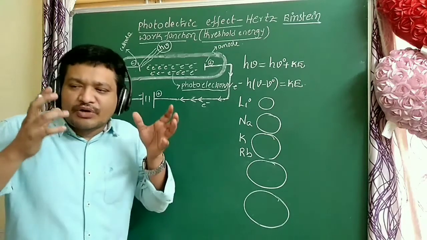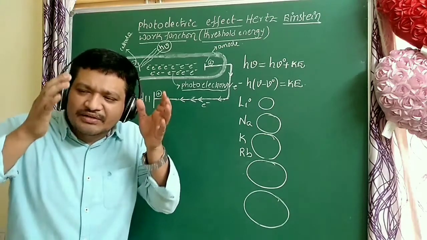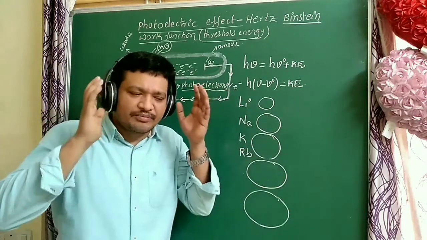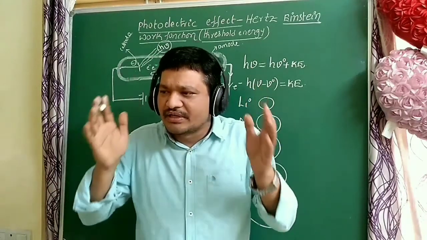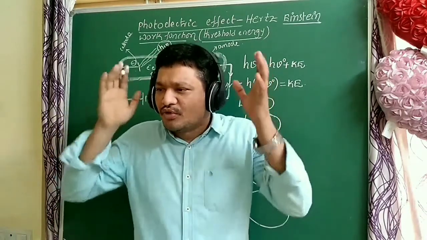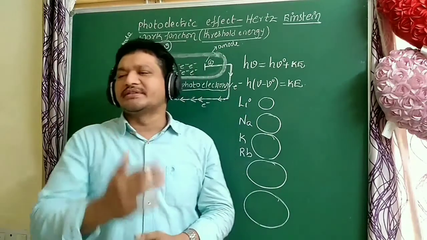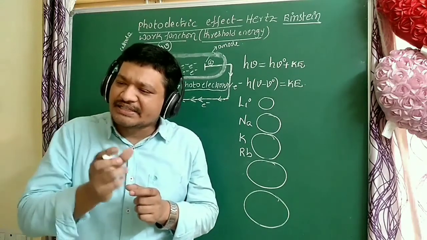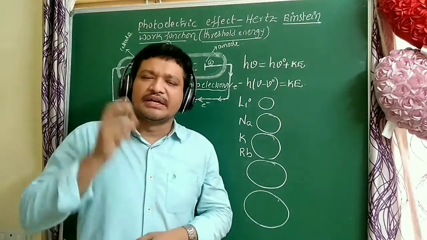Which of the following elements have less threshold energy? Alkali metals have less threshold energy compared to all elements. Why? Because of their larger size; among alkali metals, cesium has the largest size. That's why that element has less threshold energy, meaning less energy is required to remove the electron.